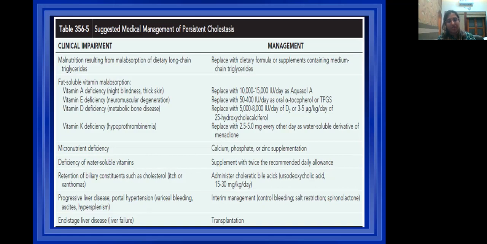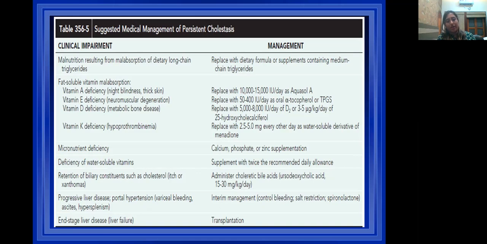And vitamin K deficiency can cause hypoprothrombinemia, so replace with 2.5 to 5 mg every other day as a water soluble derivative of menadiol. So vitamin K deficiency can lead to a coagulation factor defect.